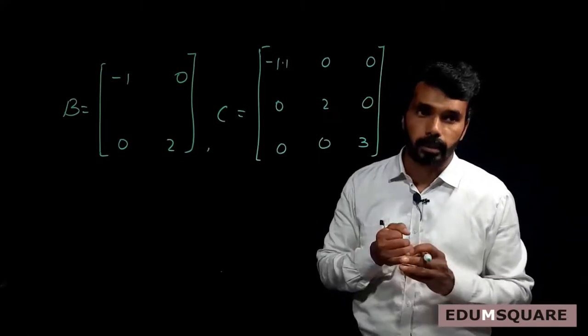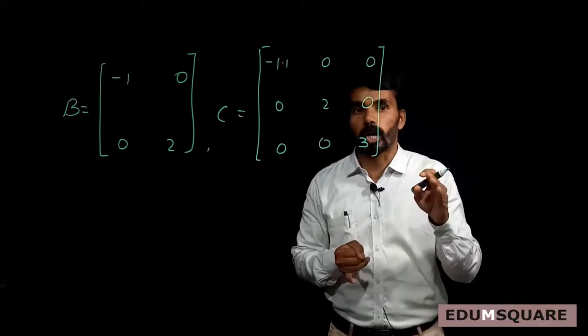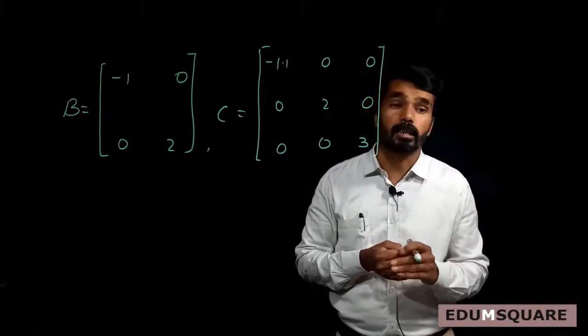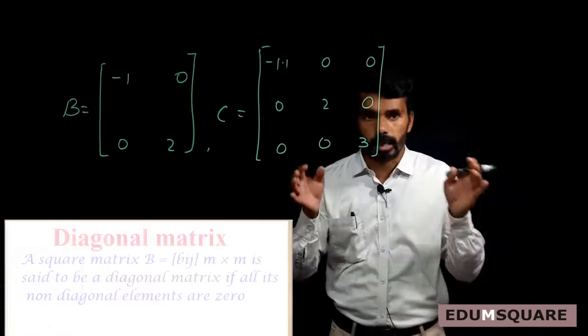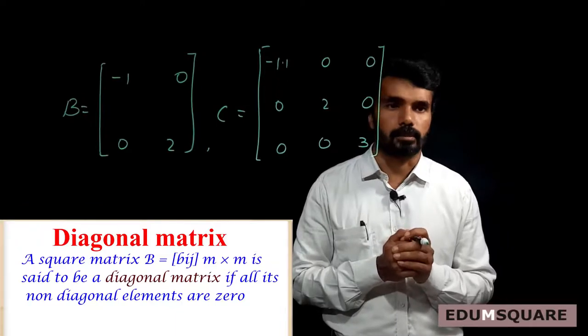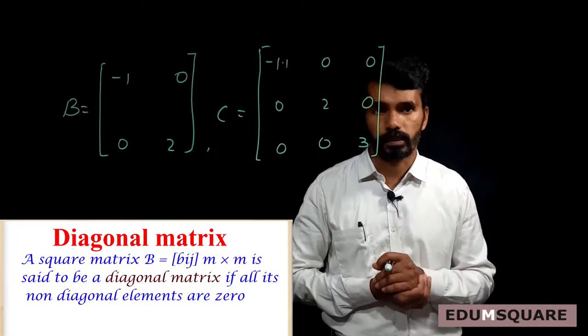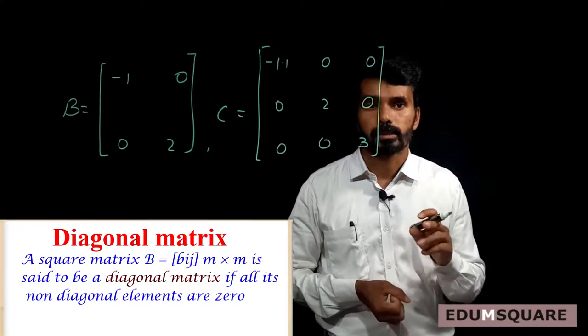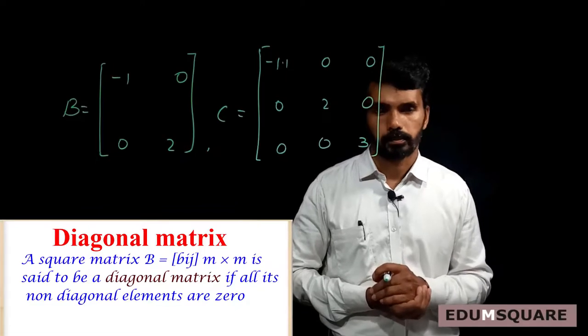A square matrix B is equal to Bij is said to be a diagonal matrix if all its non-diagonal elements are 0.